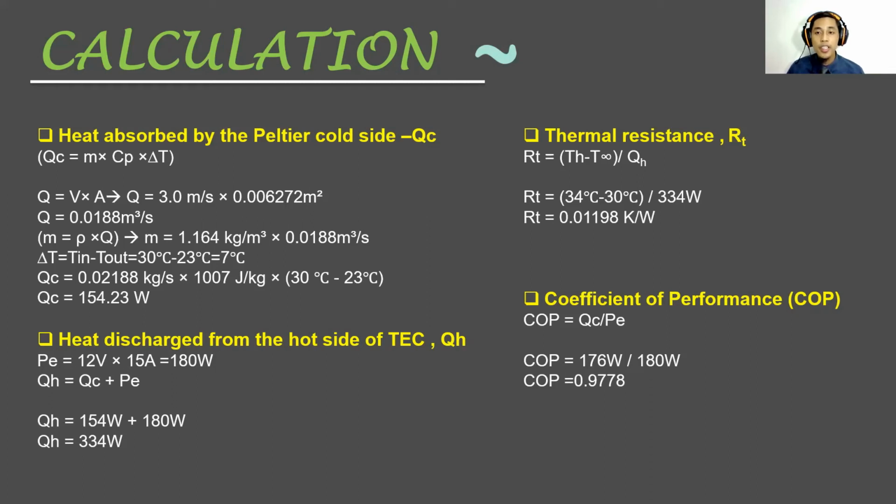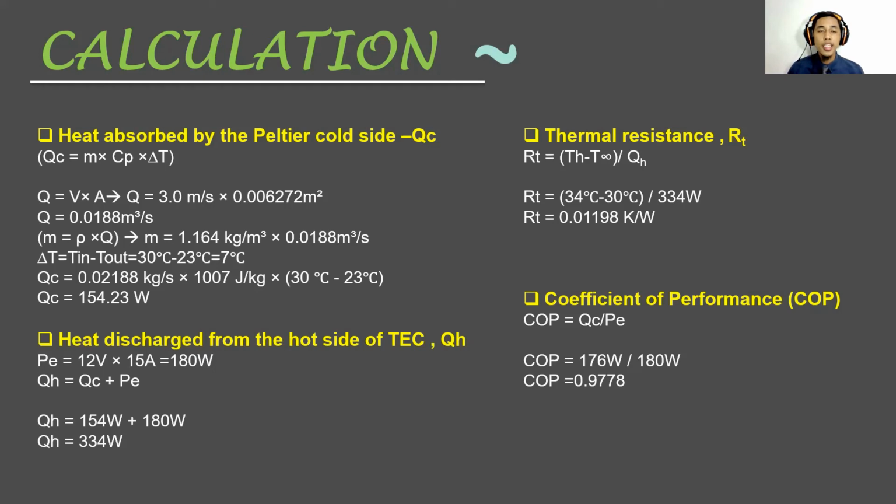For the heat discharged from the hot side of the TEC, QH, the result is QH equals 334 watts. For the thermal resistance RT, the result is 0.01198 Kelvin per watt. For the coefficient of performance, COP, the result is 0.9778.